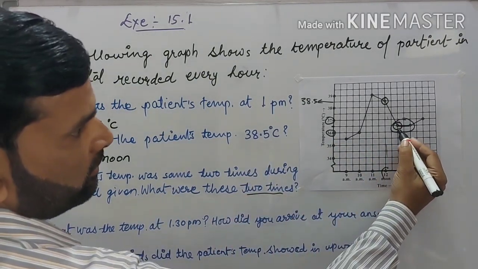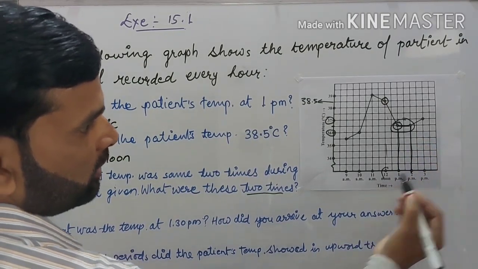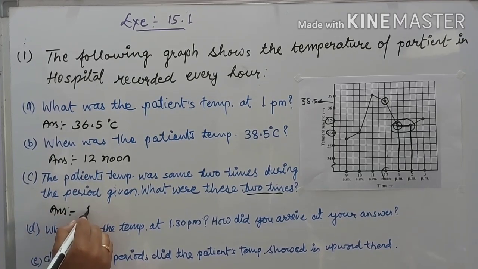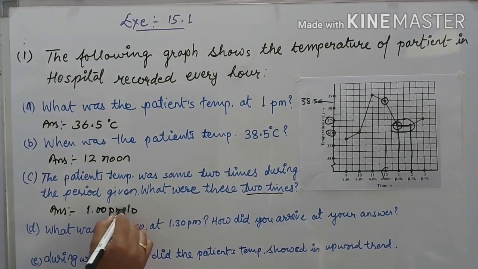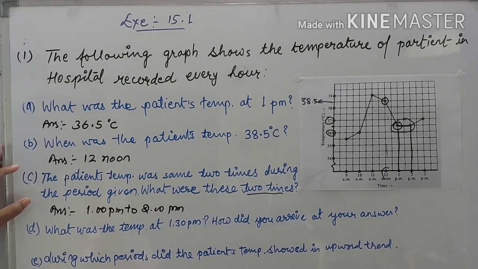The first time is 1 and the second point is 2. So the answer is 1 p.m. to 2 p.m. the patient's temperature is the same.